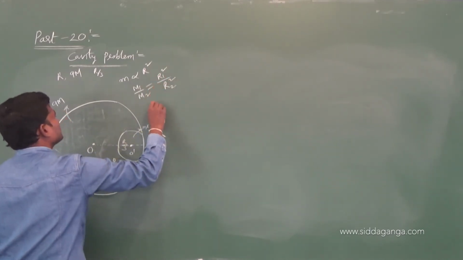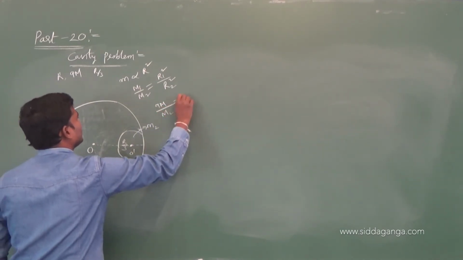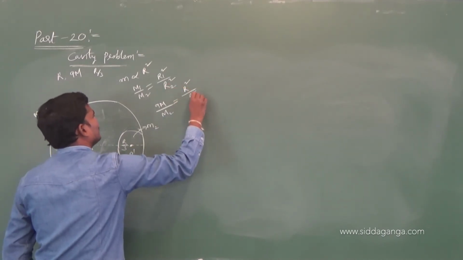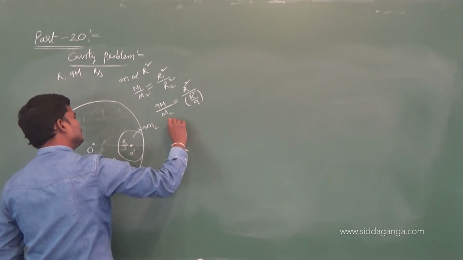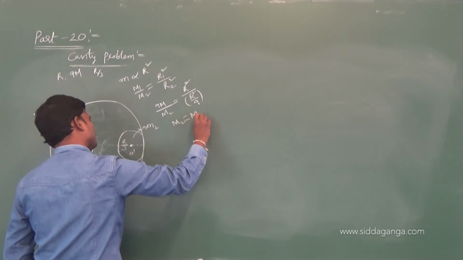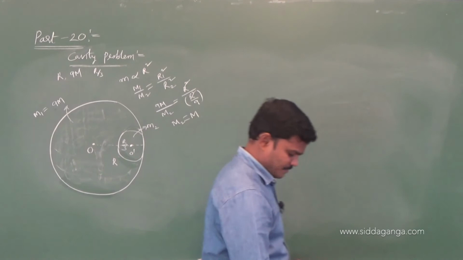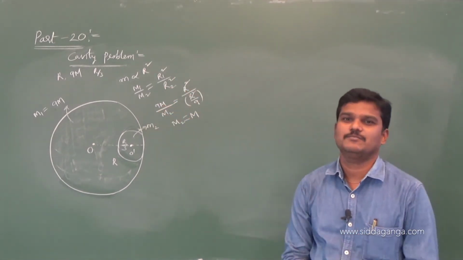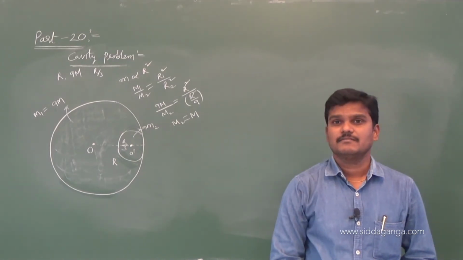No need to write these many steps. m1 they mentioned is 9M, m2 is the target, so m2 is 9M by 9. So what is m2? m2 is M. Directly we can expect, radius R by 3 gives 9 times less mass. So anyhow I got m2 as M.